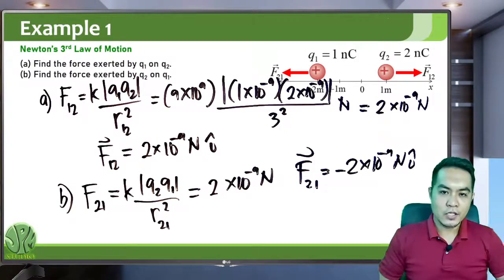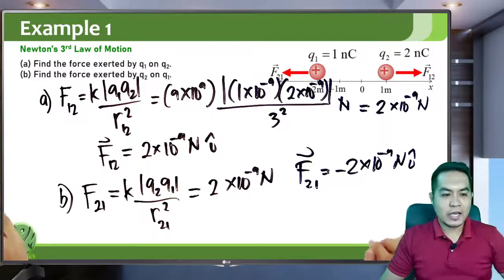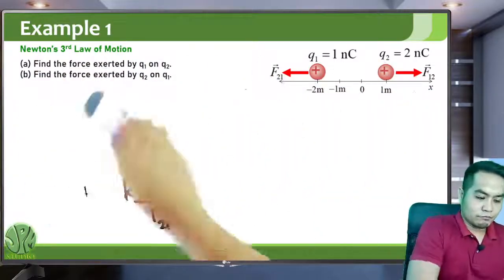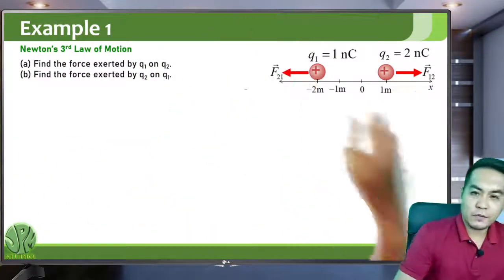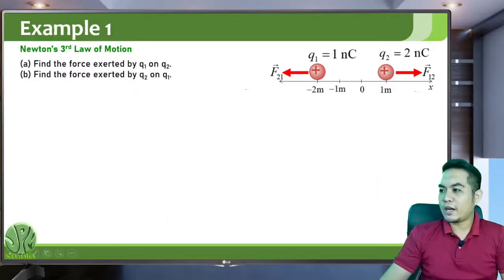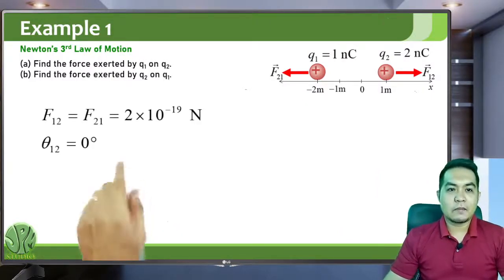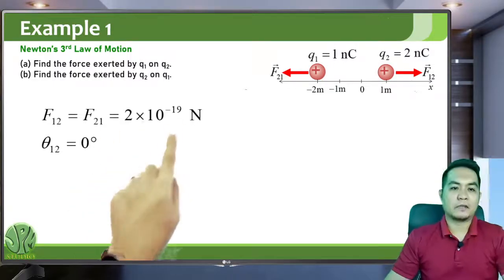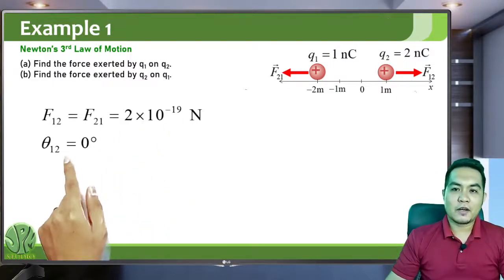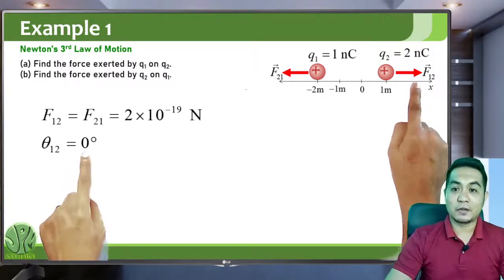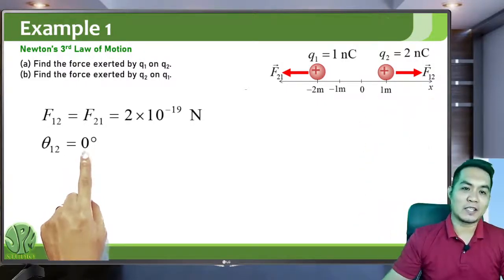So you will notice that they have the same magnitude, but the directions of the forces exerted on each other are different. They have the same magnitude, 2 times 10 to the -9. The direction of F12 is 0 degrees, towards the positive x-axis.